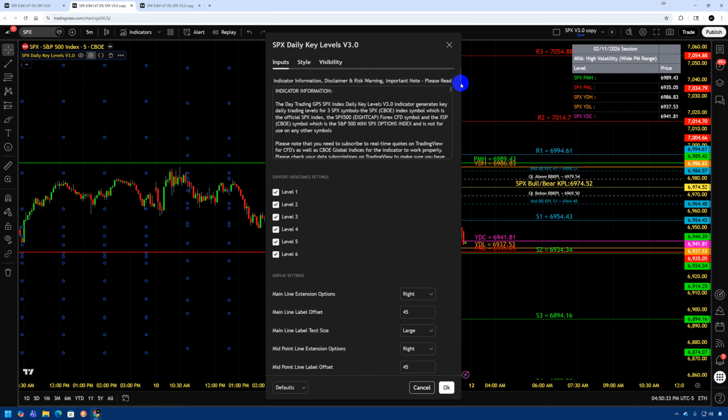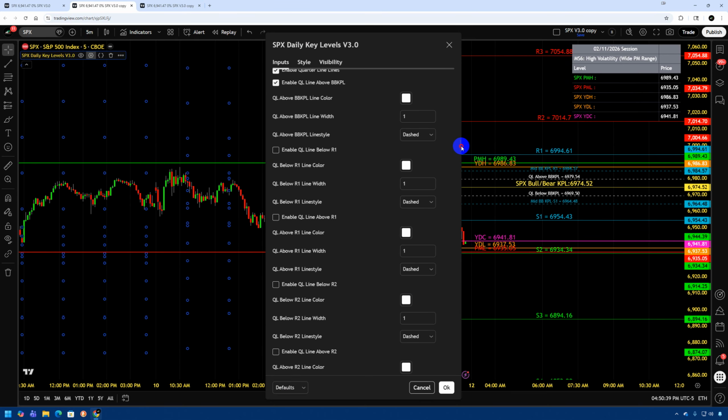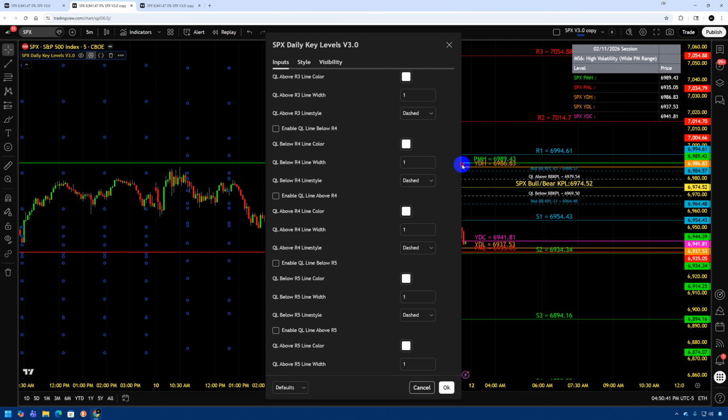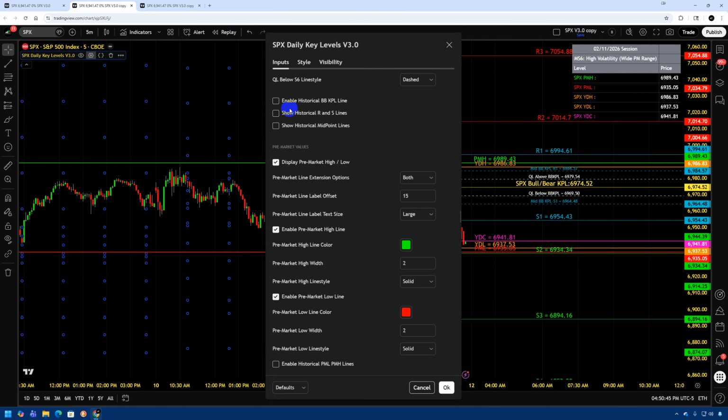Now, the additional historical levels that we've added are going to be historical midpoint levels. So in V3.0 we had historical BBKPL and historical RNS lines.